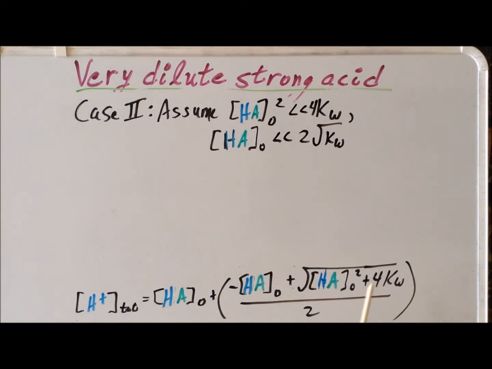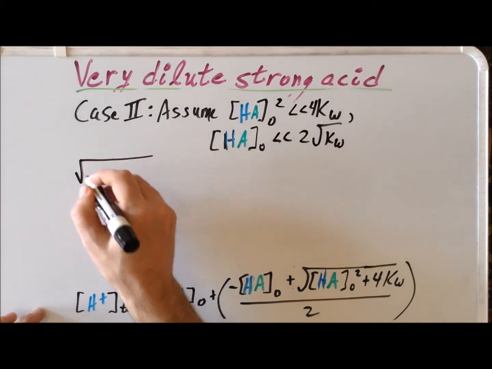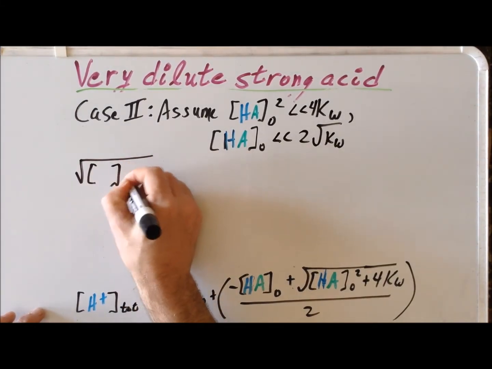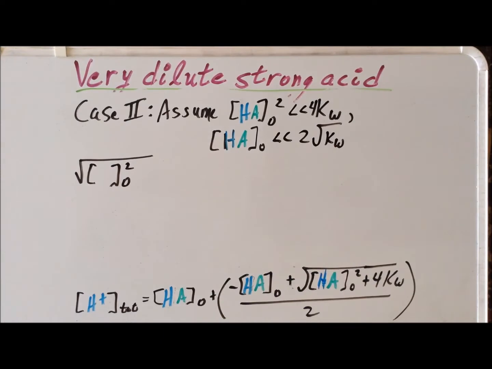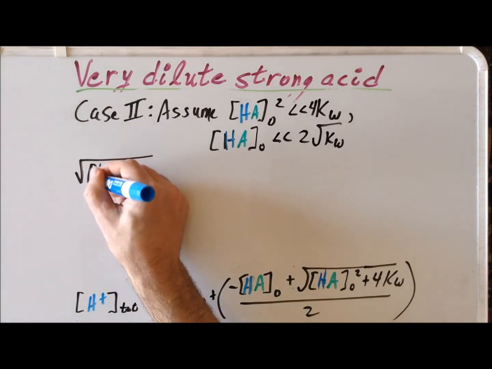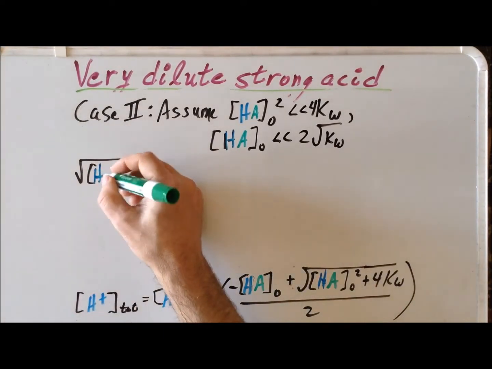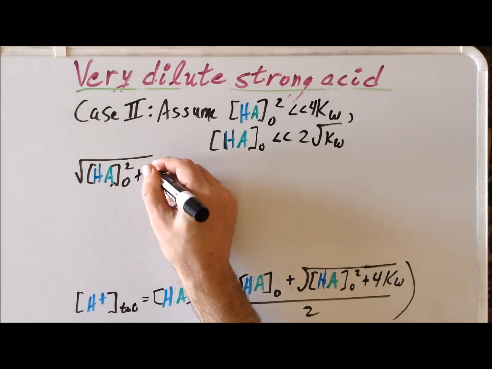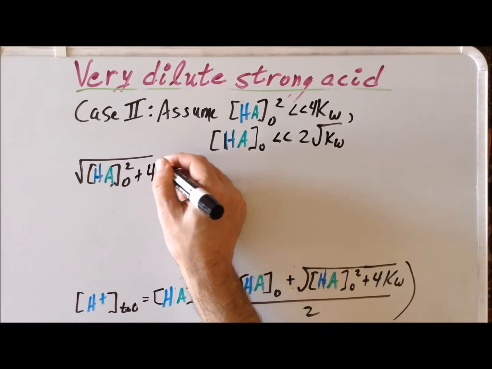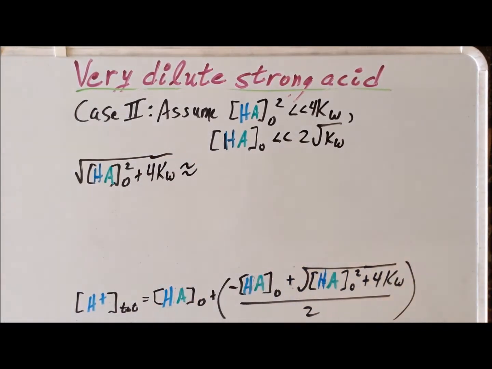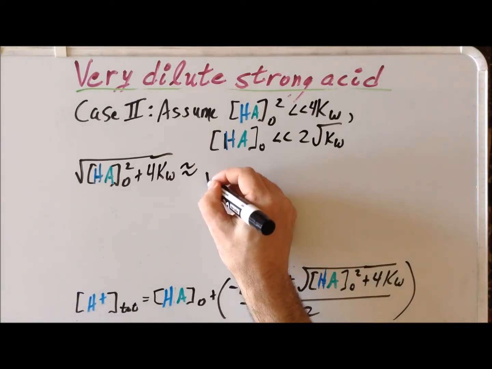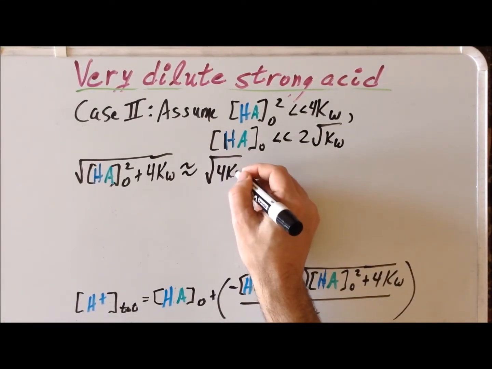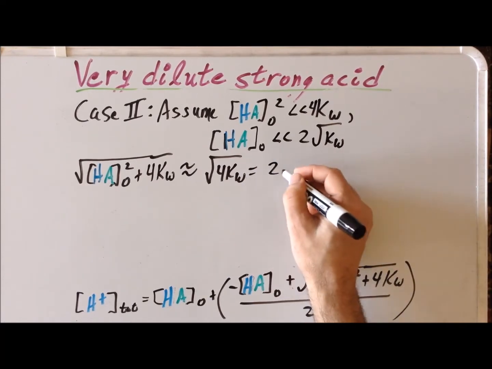So again, we're going to look at the rightmost term, the term underneath the square root sign, and notice that with the assumption that we made, the expression, the concentration of HA squared plus 4 times kW, is essentially equal to the square root of 4 times kW, which is 2 times the square root of kW.